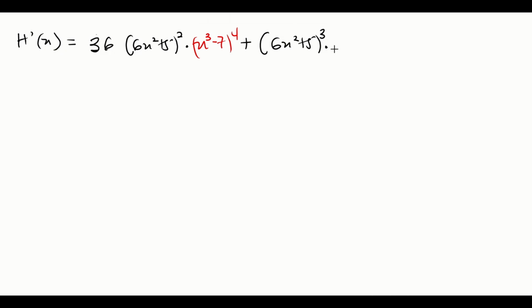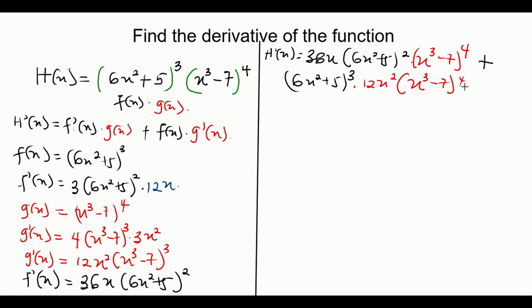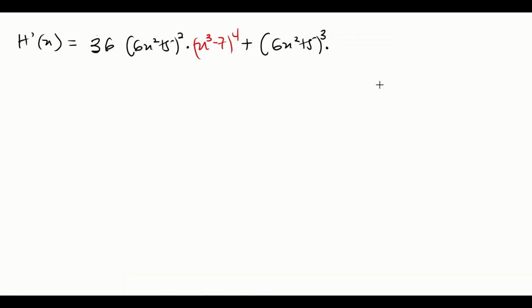Where this guy is, we are still picking every element that is here, which is just going to be 12x into bracket x to the power 3 minus 7.